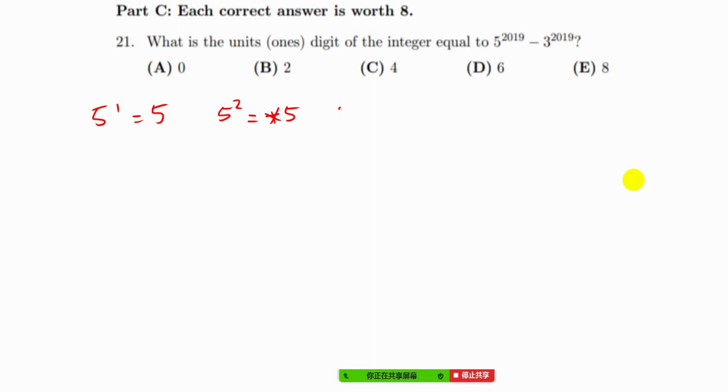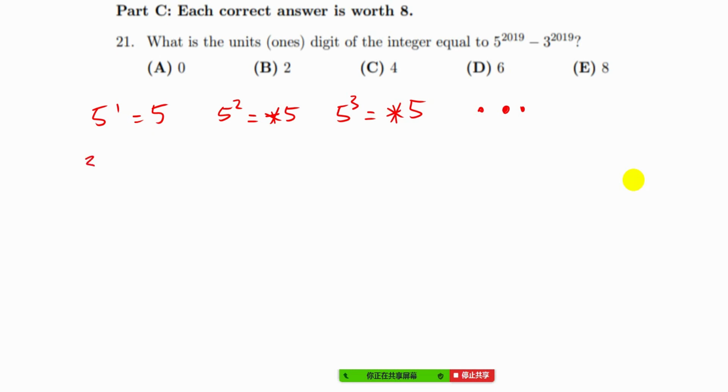And then 5 to the power of 3 would be something with 5 on the ones digit, because on the ones digit it would be 5 times 5, which would still be a 5, and so on. We can see that 5 to an integer power would have a units digit of 5.